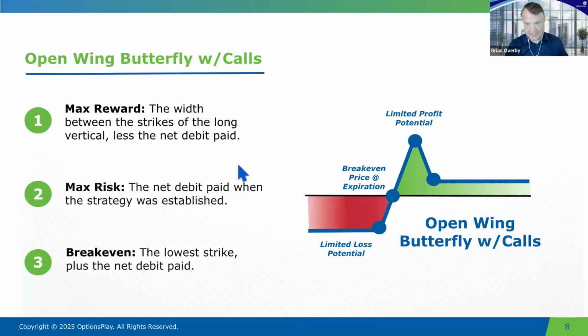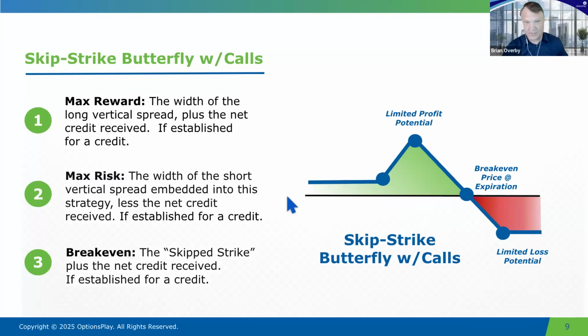Let's get to the skip strike butterfly that I did. I don't know, Tony might have done the one in between, but the last time I did an options play education event on a Thursday. And here's the skip strike butterfly. Now, I like this as an alternative to a short spread. I think of it more as an alternative to a short spread than I do to a butterfly, but it's another modification that you can make on butterflies.